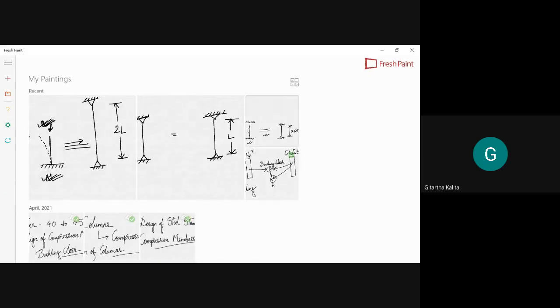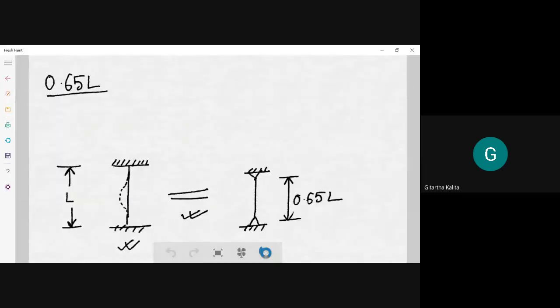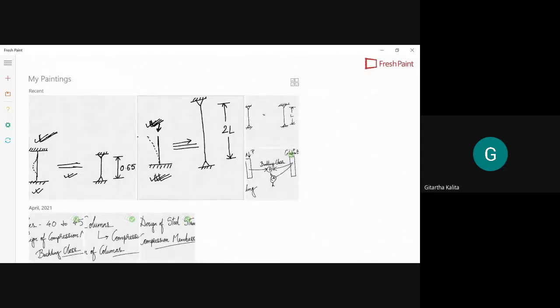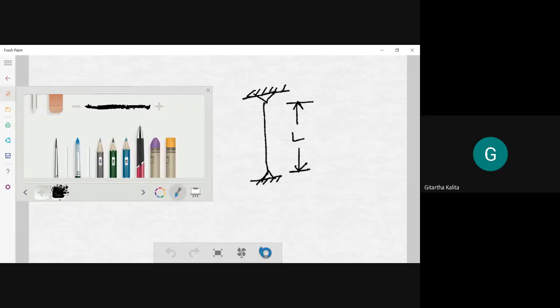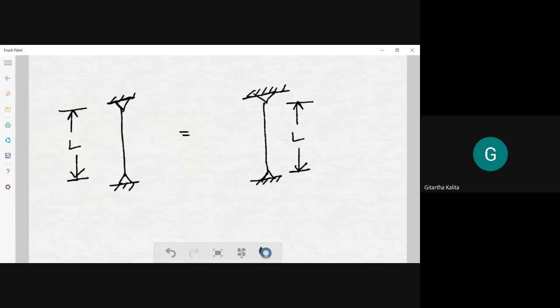Again, in this column, if we make this column both ends hinged, then we have to reduce it to 0.65 L, then we get the strength as same. Now, for the third one, this is already both ends hinged, so no need to make any modification. The effective length is also same.